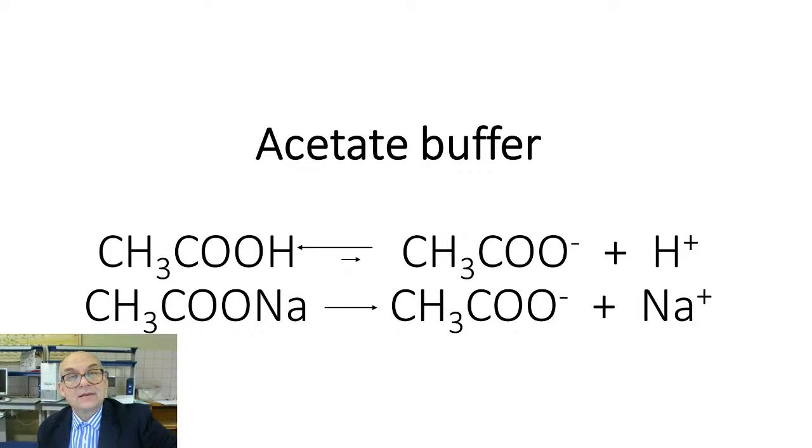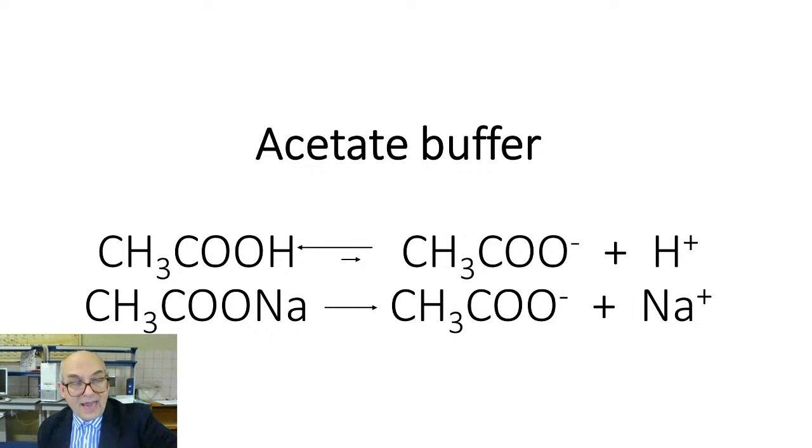Acetate anion results from dissociation of the salt, and acetate anion also results from dissociation of the acid. But there is equilibrium only for the weak acid. In this case, dissociation of the acetic acid is depressed approximately to zero.